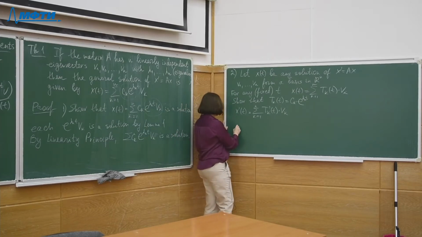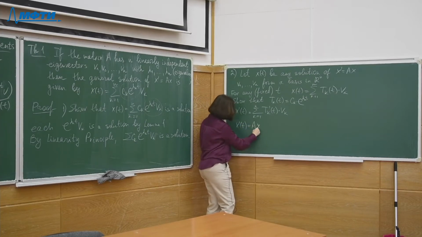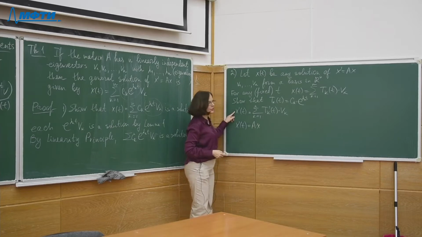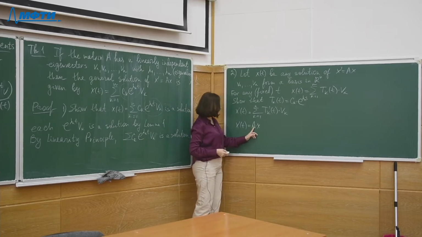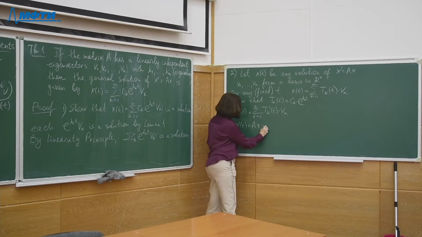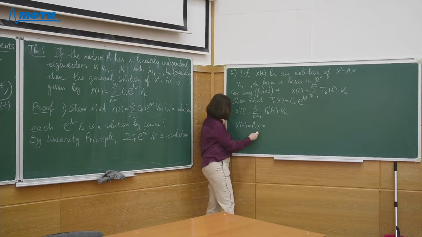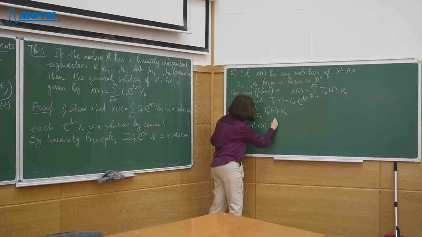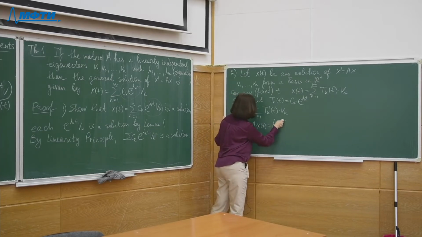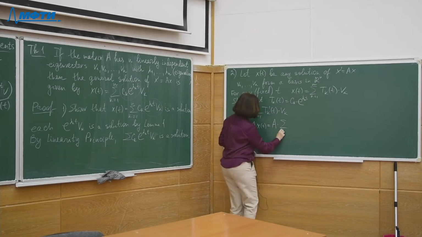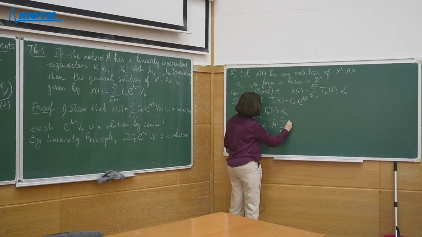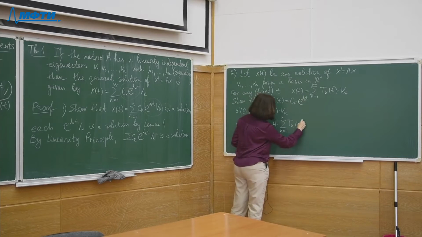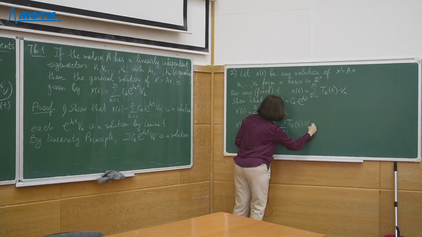On the other hand, x prime of t is equal to A times x of t, because x of t satisfies the differential equation. What is A times x of t? It is equal to A multiplied by the sum, k runs from 1 to n, of t_k of t times v_k.